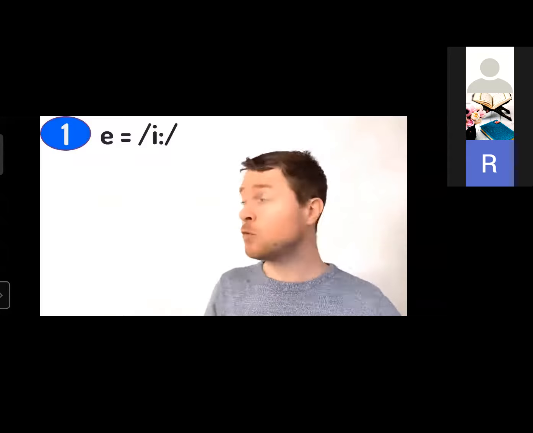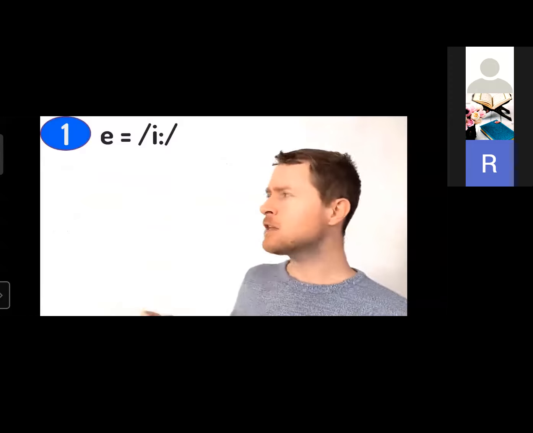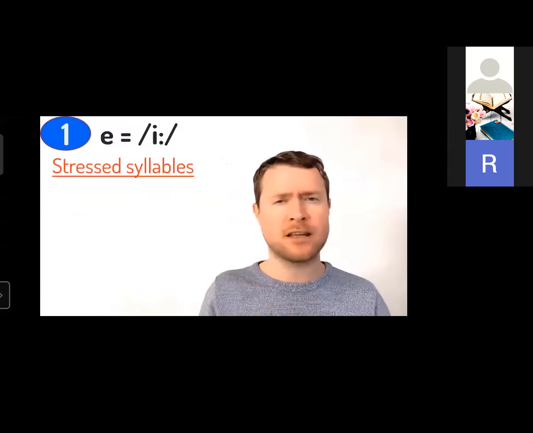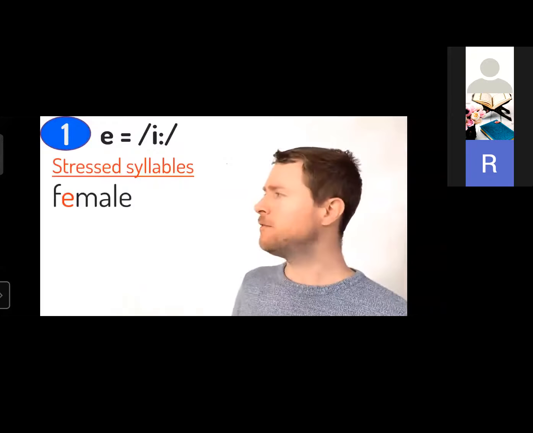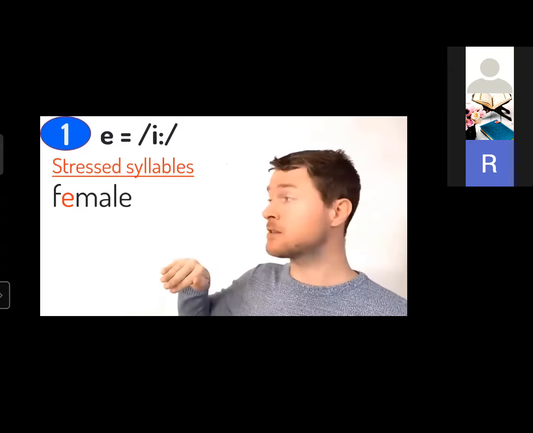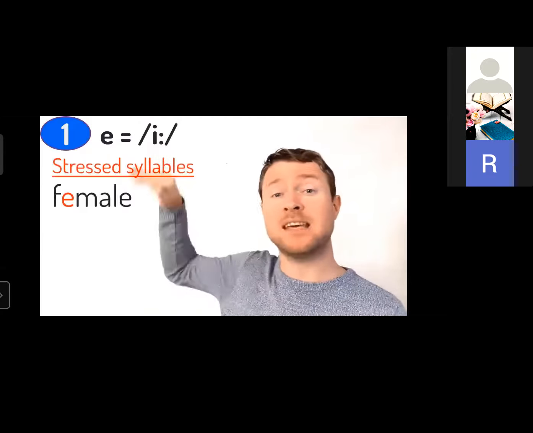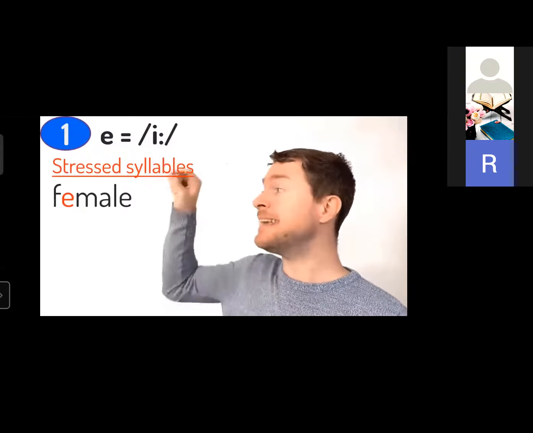Okay? We can also pronounce the letter E as E in words where it is a stressed syllable. So take a look at the word female. Female. Okay, female, the stressed syllable is the first part of that word, fee. And you can see the letter E there, that's the stressed part.